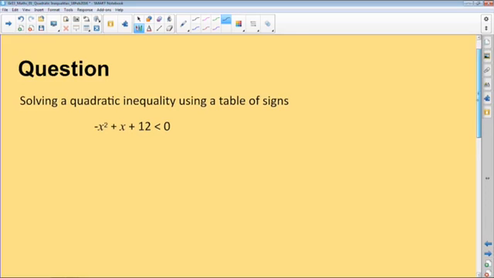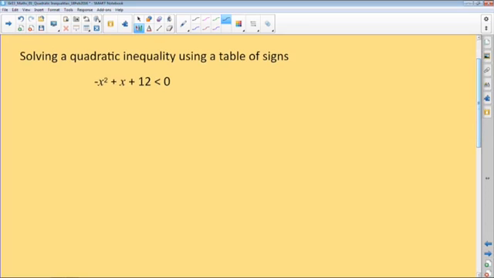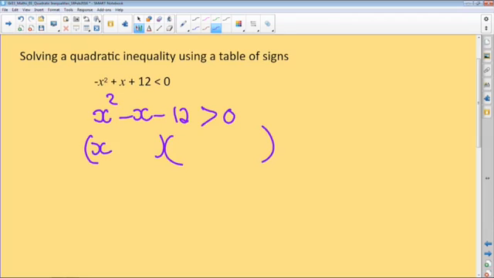I'm going to keep my unknowns positive, so I'll multiply by a negative, then I get x squared minus x minus 12. Now, what happens to the inequality sign? It changes. Then from there, I factorize, and you get x minus 4, x plus 3 is greater than 0.